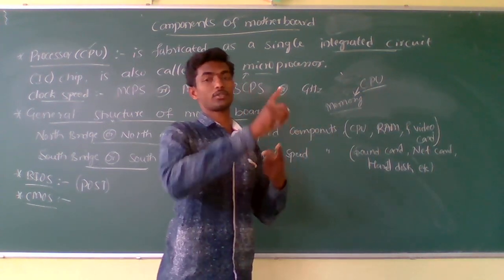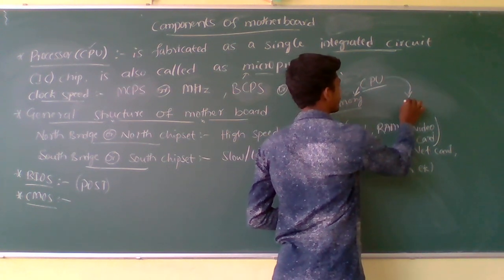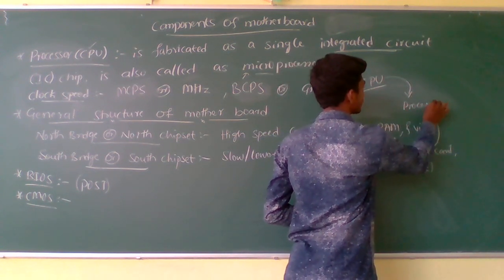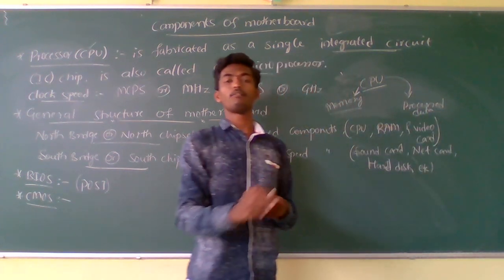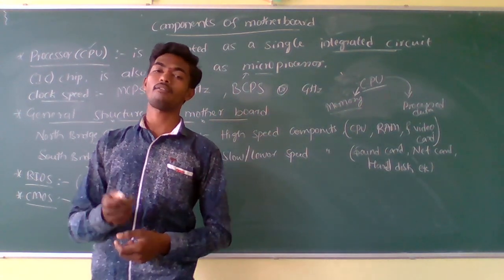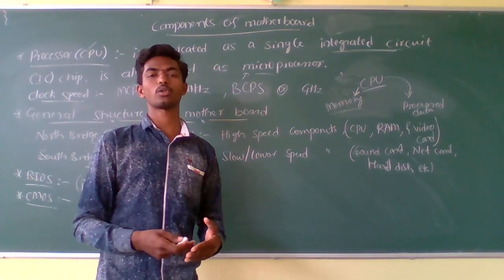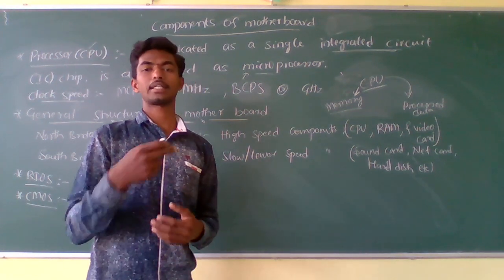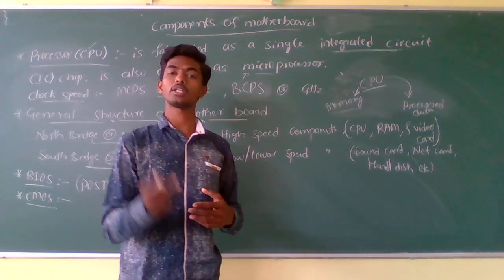Then the processed data will be sent again to the primary memory, which is available for the users. They can restore it, manipulate it, and transfer it. That is the action of the ALU in the CPU.